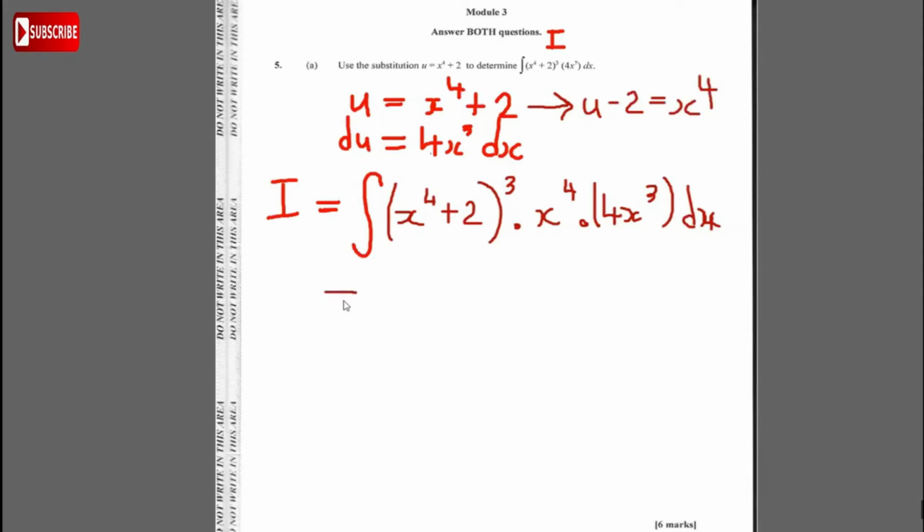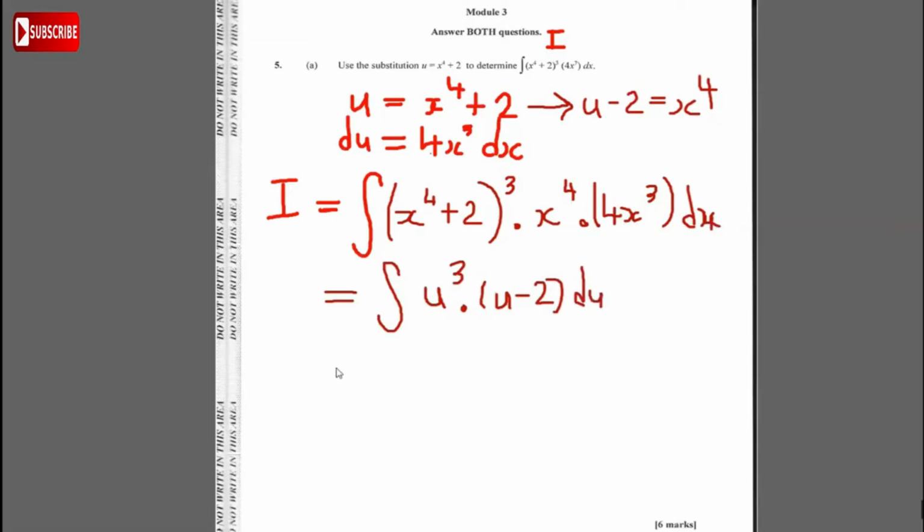So I is working out clearly to be the integral of x to the 4 plus 2 cubed, which is u cubed, times x to the 4, which is u minus 2, and then 4x cubed dx is du.